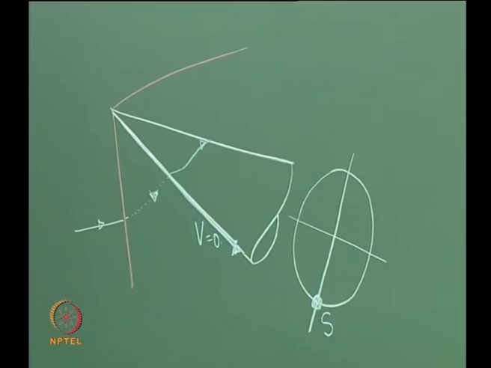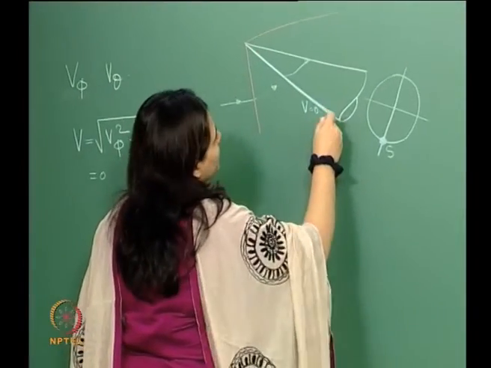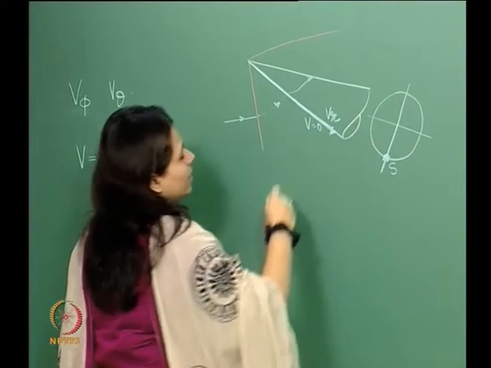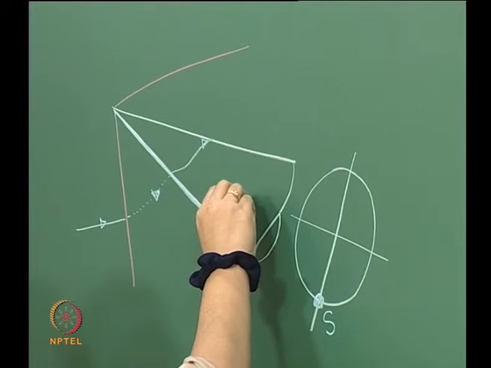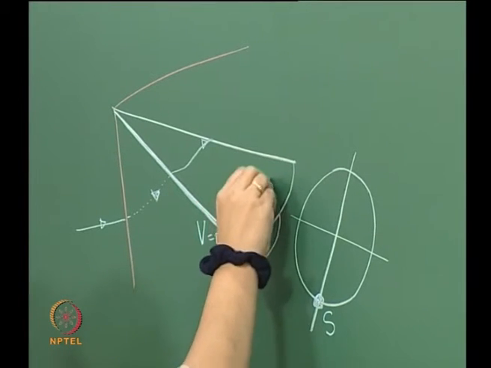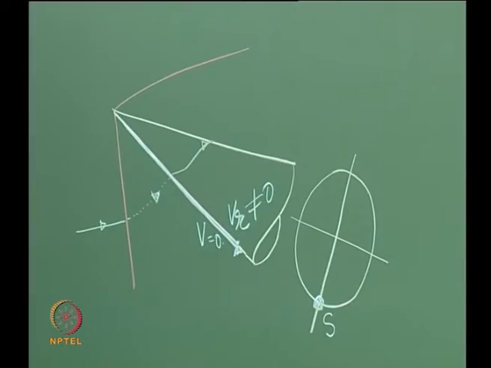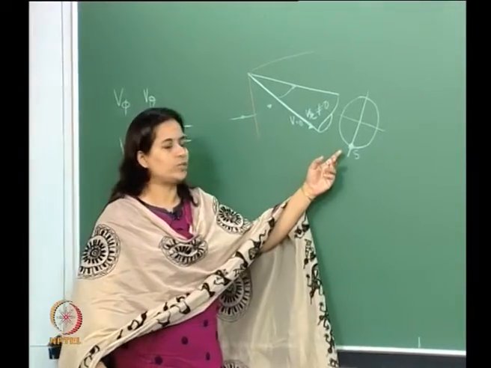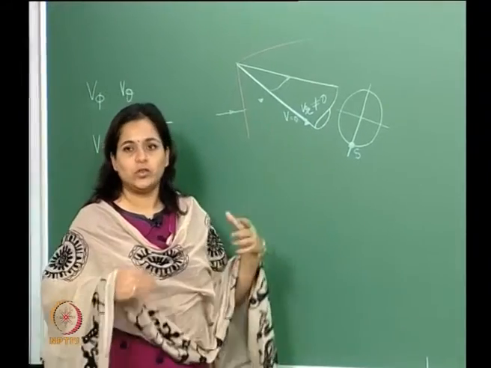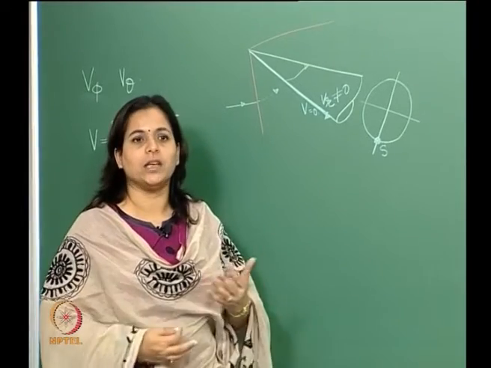However, if you look at this, this streamline still has a velocity in the radial direction. So Vr is finite, it is not 0, but V theta and V phi are 0. So it is like a stagnation point based on this velocity, but truly there are really no stagnation points in a 3D conical flow.